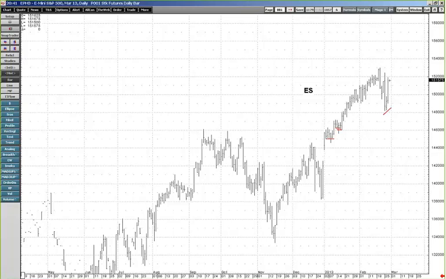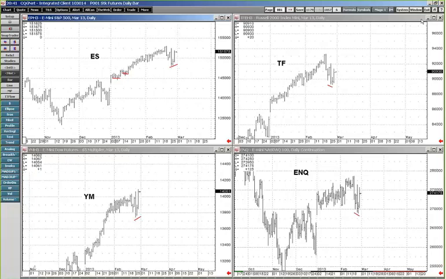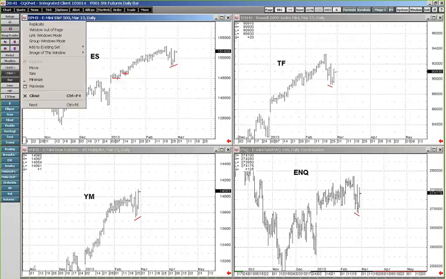And whether or not this balance area is tradable depends on this over here. Anyway, it depends on a price scale.